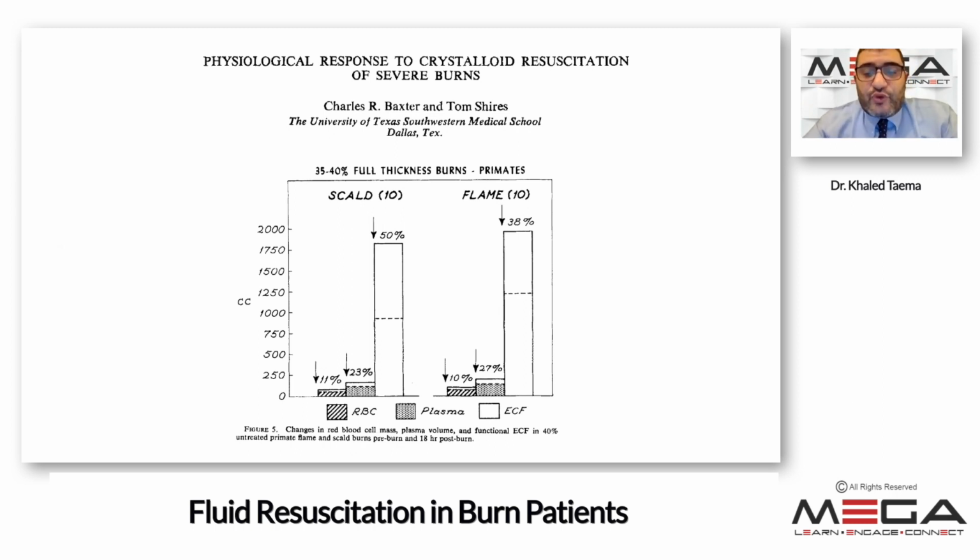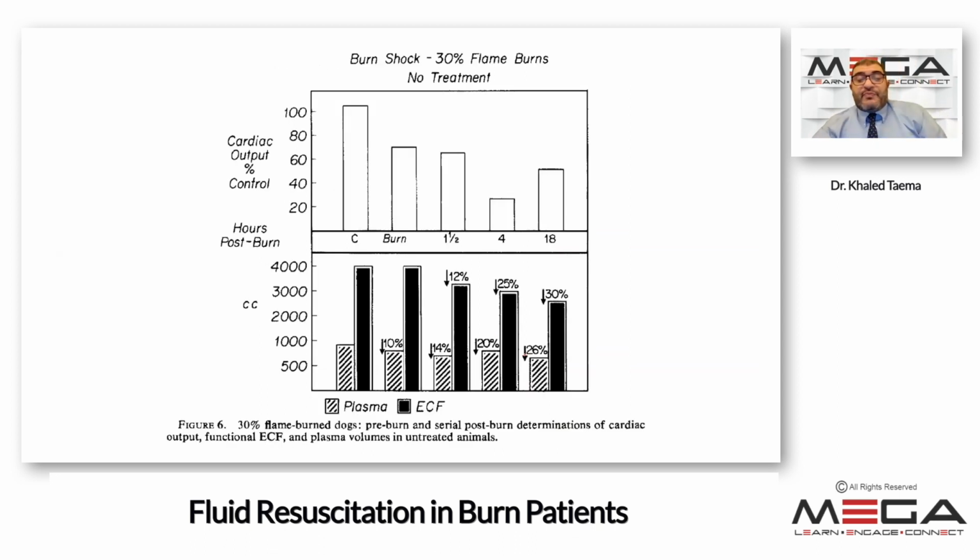What was very important in this trial is that there was little effect on the red blood cell mass and plasma volume in the burn compared to the extracellular fluid decrease, which again emphasizes the importance of using crystalloids rather than colloids.